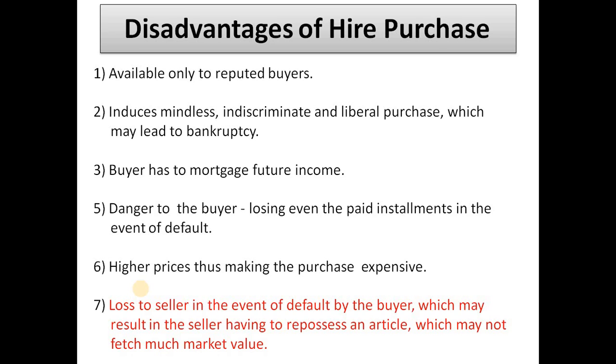In that case, whatever installments were paid by the hire buyer, he is not going to pay him back. But here, if he has not covered the maximum part of the cash price of his asset, then he will try to sell that asset. Now the problem is that the asset has become a second hand asset. He is not going to get much market value of that particular asset in the market. That's why this is a loss to the seller.